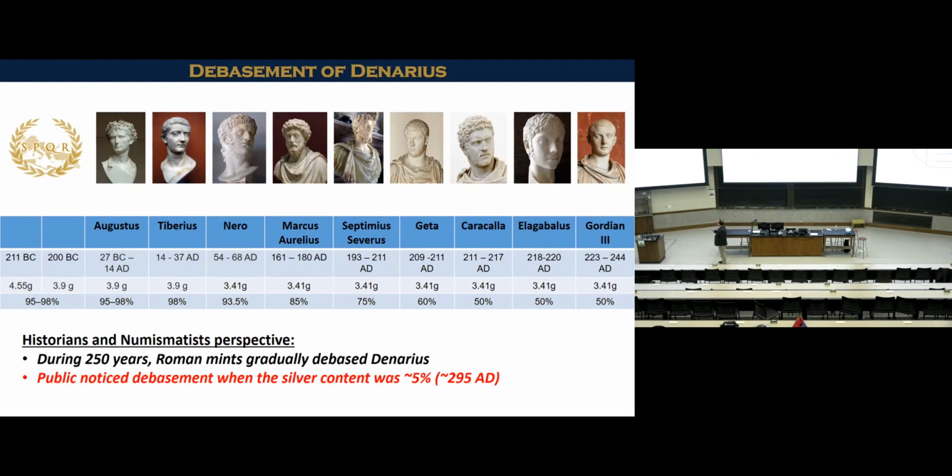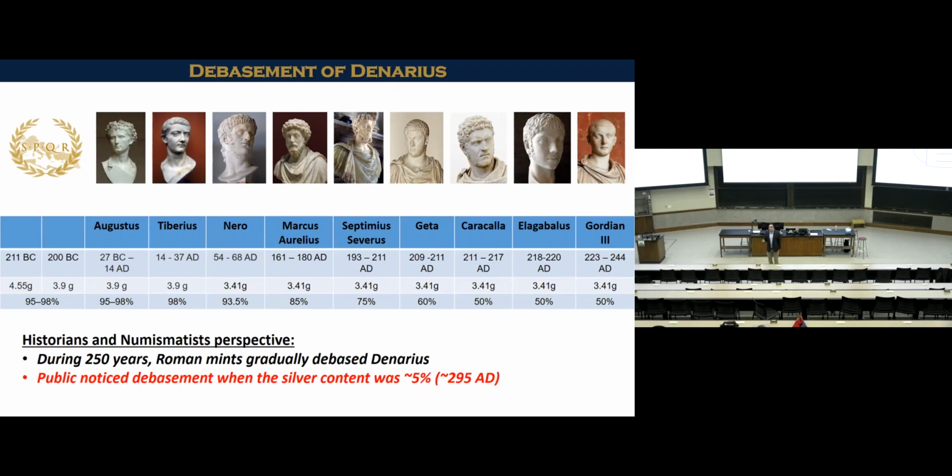But after the Roman Empire was established, about 50 BC, during Nero's time, the amount of silver becomes smaller. It's 93.5%, and over time these emperors decreased it even further to 50%. And eventually, at 259 AD, the percentage of silver became only 5%.